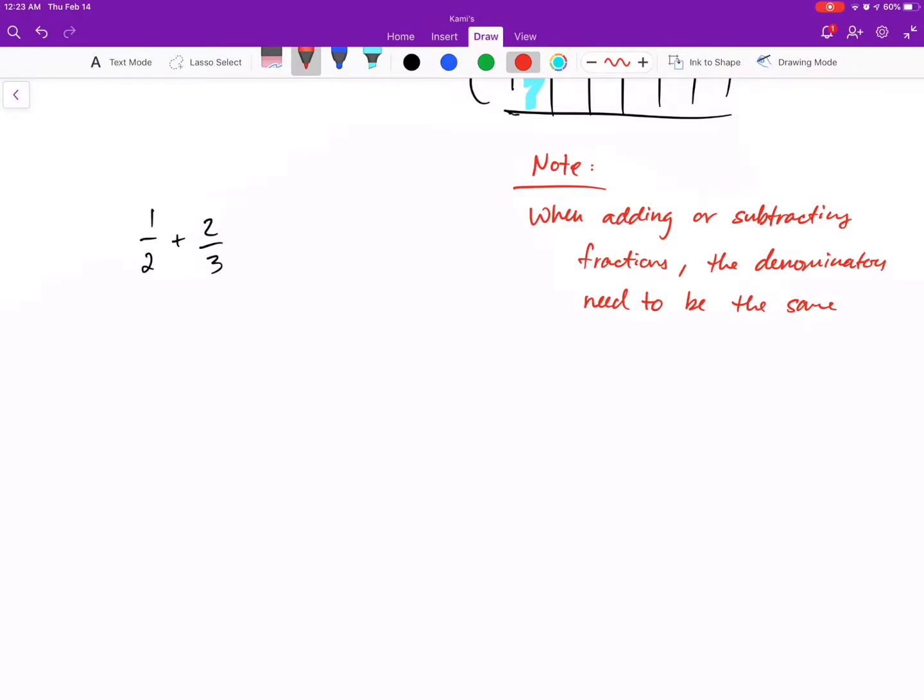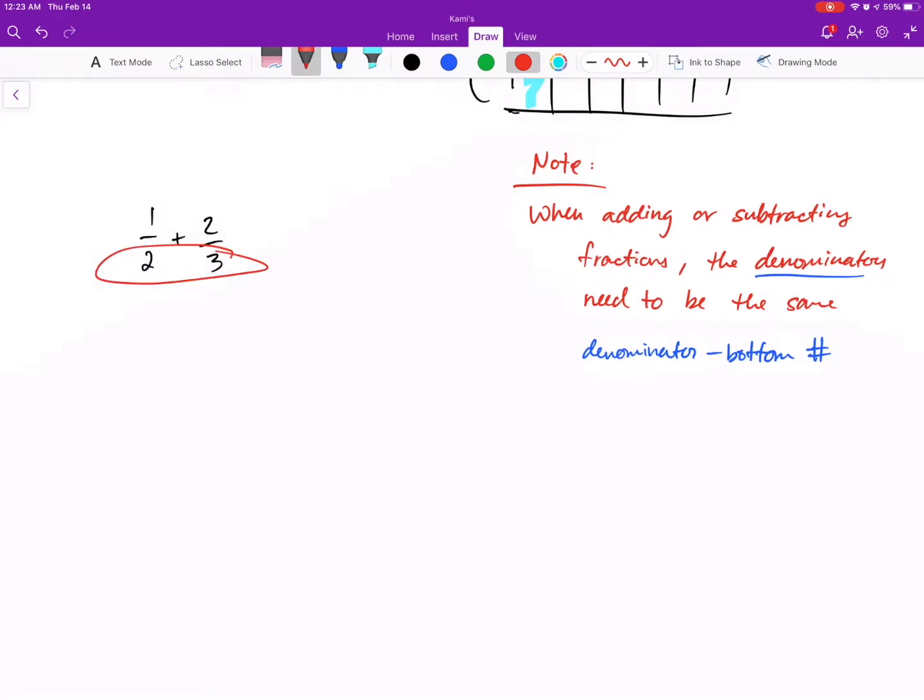Now remember, denominator is what? The bottom number. Alrighty, so let's look at the bottom numbers. Are they the same? No, they are not.